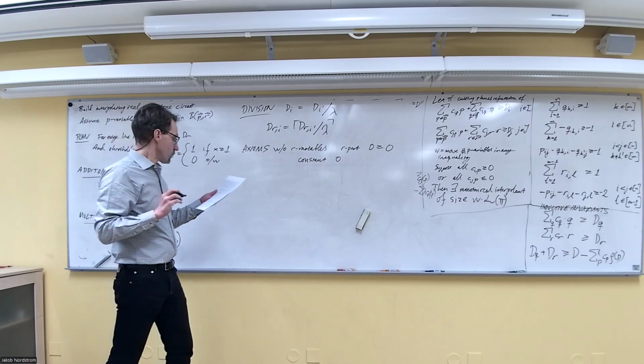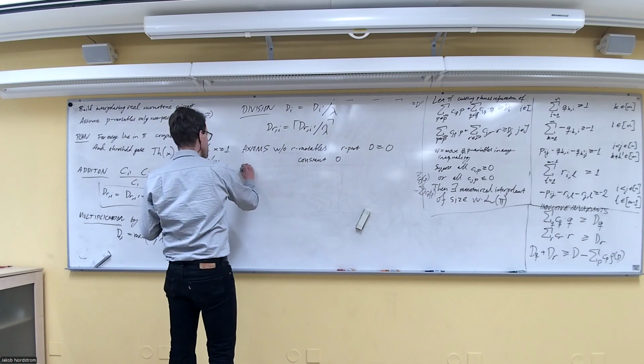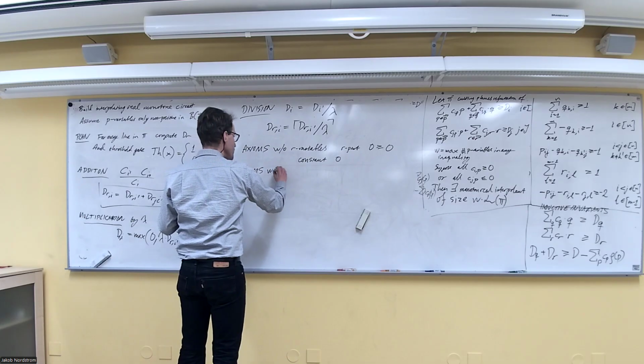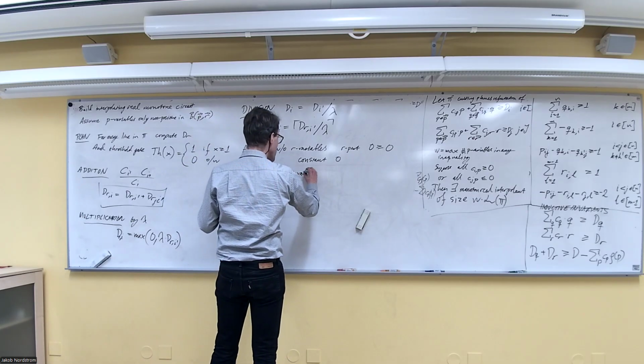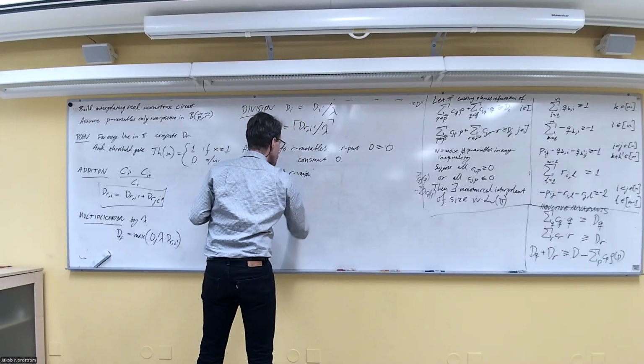Okay. But suppose we have an axiom with R variables. Conveniently, I erased what we did, but maybe a quick recap. So what did we do?